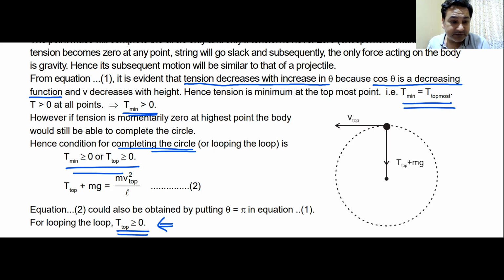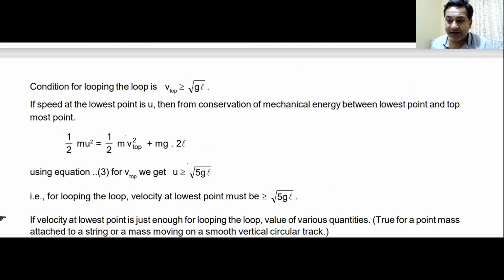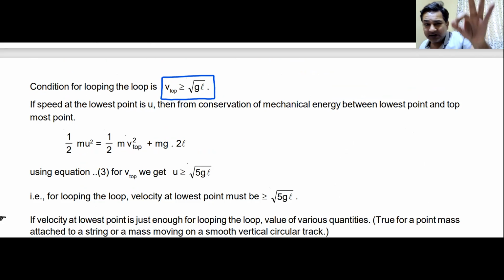And then we come to the point where we understand it in terms of velocity at the top. Velocity at the top for completing the loop, in the blue box. This is the condition for completing the loop.